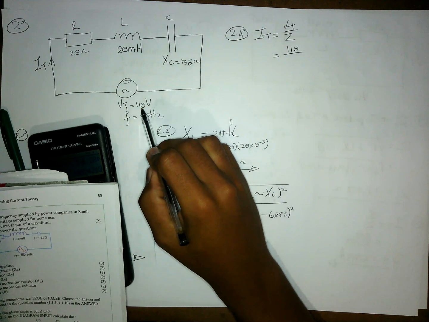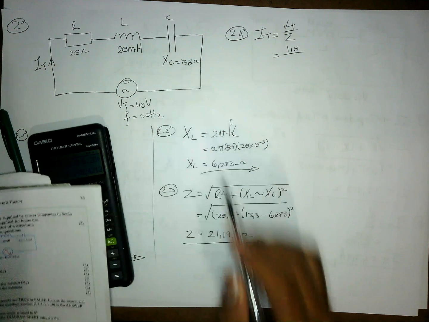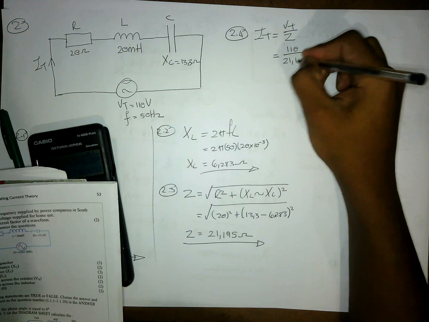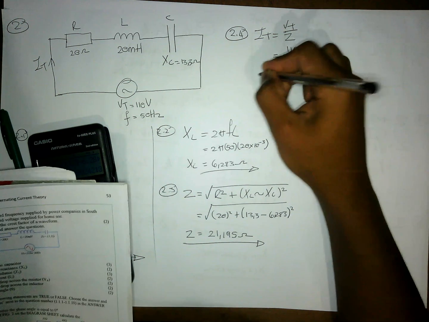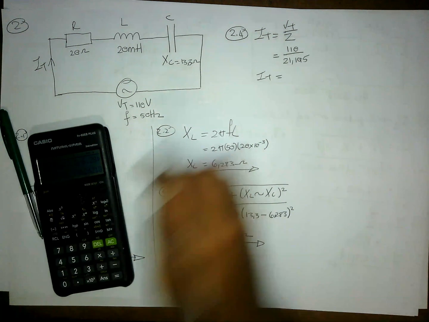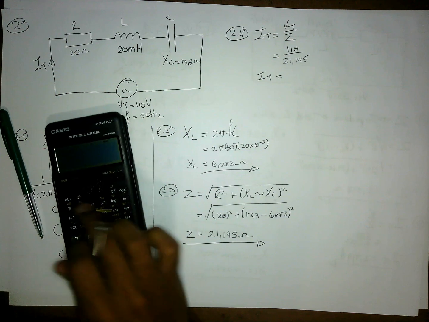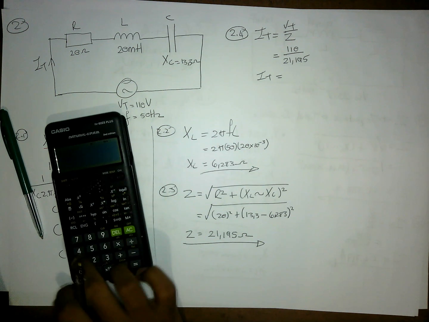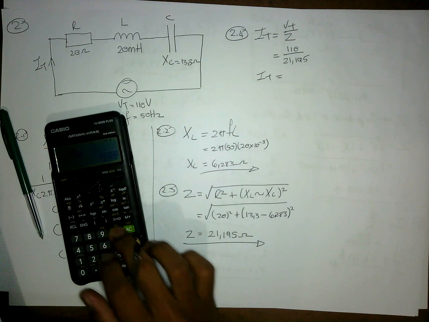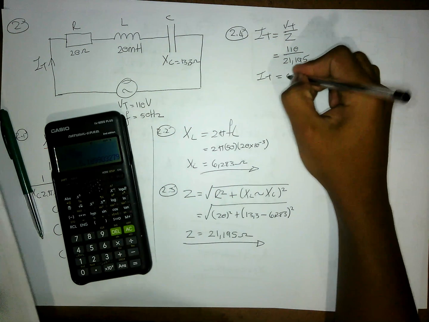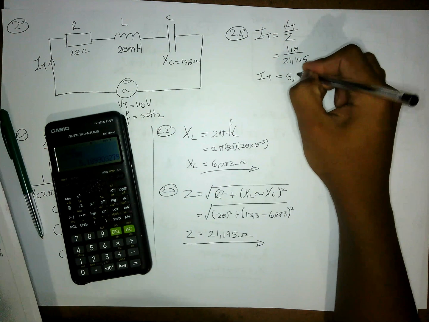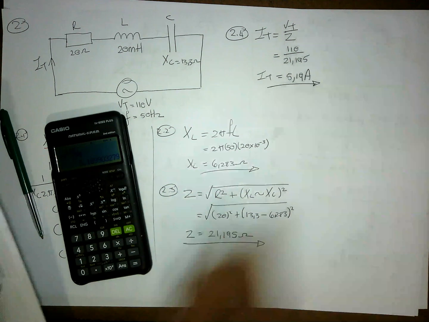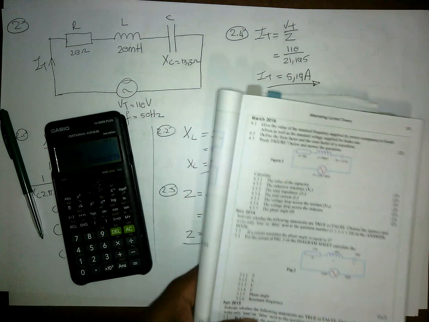Our Z is 21,195. So it's 110 over 21,195. And our current is in amps. Our current is always in amps. Very straightforward, right?